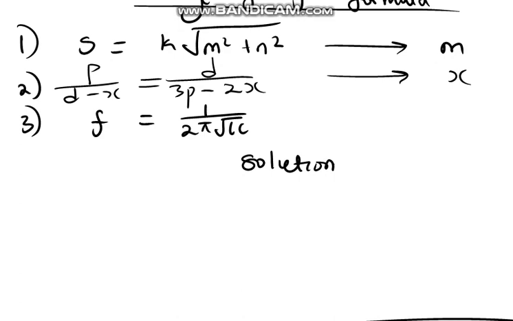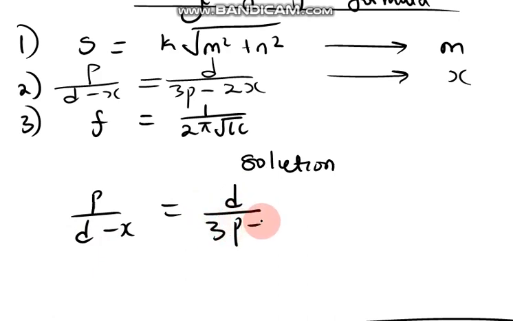The next question says that p over d minus x is equal to d over 3p minus 2x. The first thing we do is to multiply through by the LCM. Now the LCM of this equation is d minus x and then 3p minus 2x.